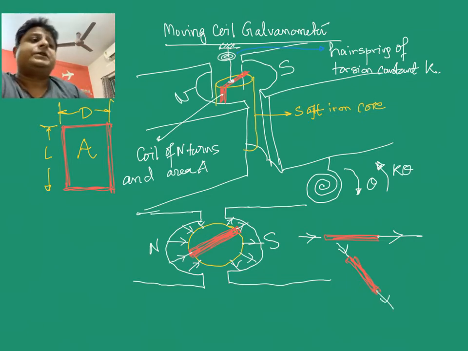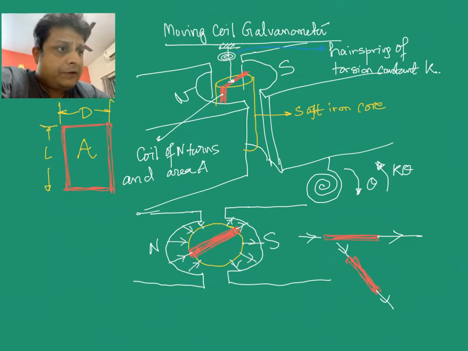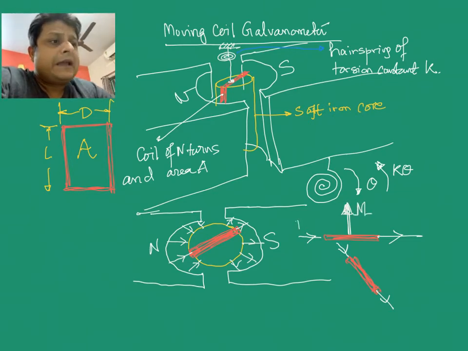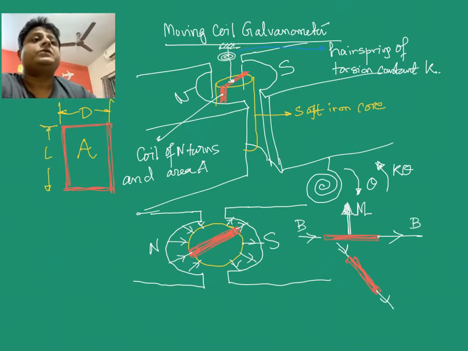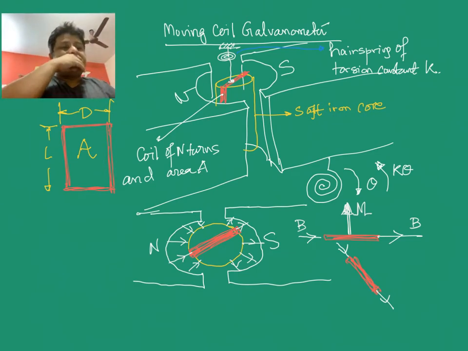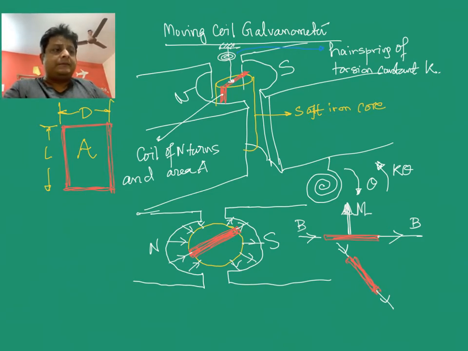So at all positions of the coil, this is the magnetic moment of the coil M, and this is the strong magnetic field due to this circular shaped magnet. So M and B are always perpendicular to each other.